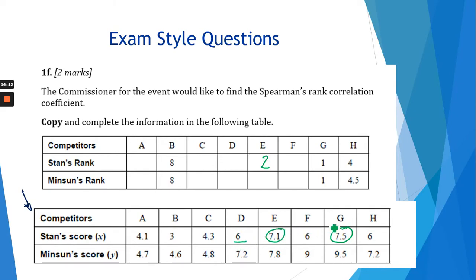After the first and the second, we're going to find out that Stan's score of 6 is present in 3 different competitors. So 6, 6, and 6. And we know that will be the third, the fourth, and the fifth position, so position 3 plus position 4 plus position 5, and then we have to divide by 3 because that's the mean. So this is going to be 12 divided by 3, which is 4.